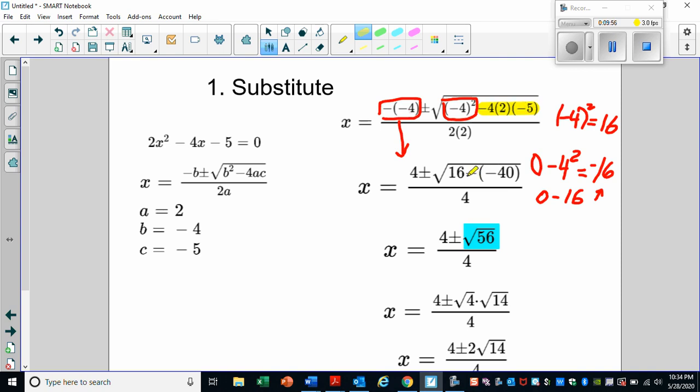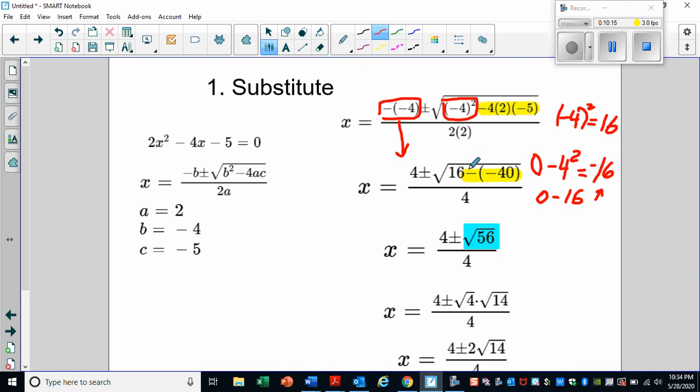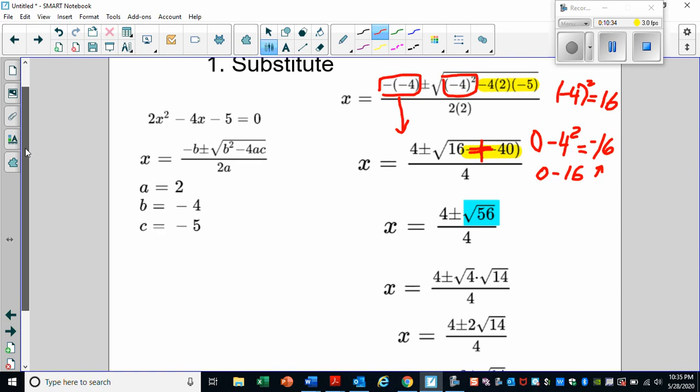So you have a negative 40, but you're subtracting a negative 40, which really just becomes one big plus sign. So that minus negative 40 becomes a plus 40. So really, in the end, you're adding 16 and 40, and your result is 56 under that square root sign.